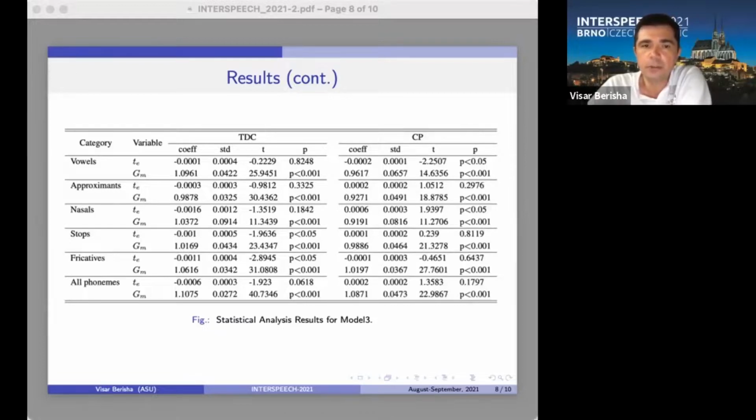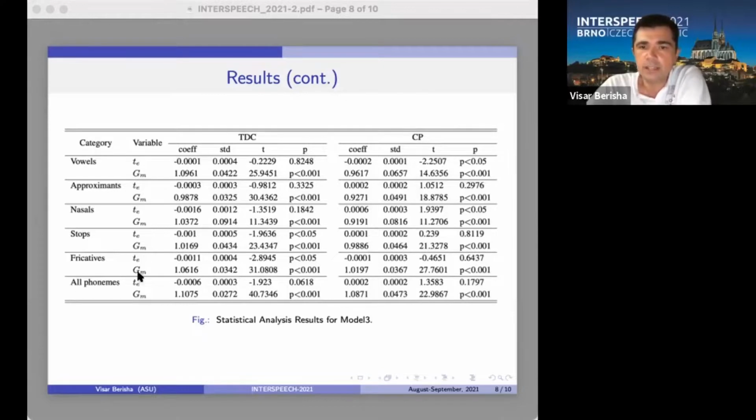For the few phoneme categories where the forced alignment error has a significant impact, the effect size of this impact is much smaller. You can see that from the T statistic. The T value for the acoustic deviation is 23, whereas for the forced alignment errors, it's negative 1.9. So it's orders of magnitude lower.